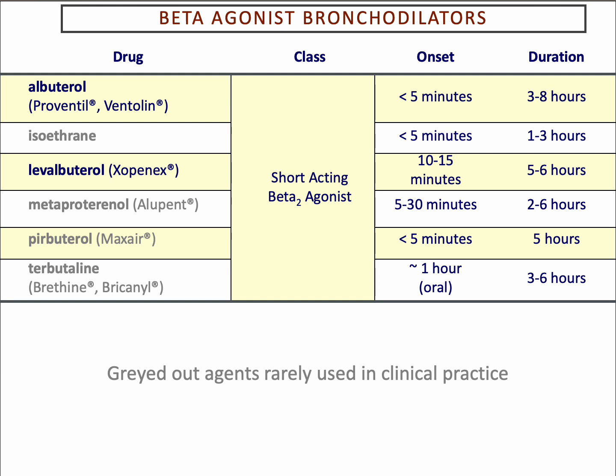There's been some debate about whether in a very small subset of patients it may cause binding to receptors that cause worsening of asthma, but that issue has been largely debated and is probably clinically not relevant for the great majority of patients. So the bottom line is almost everybody is well managed just on plain albuterol, which is a mixture of the levo and the dextrorotatory forms of albuterol.